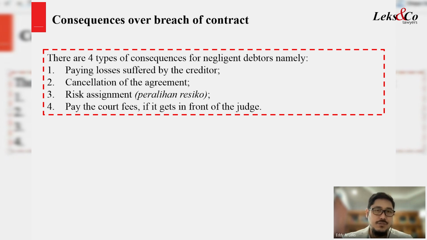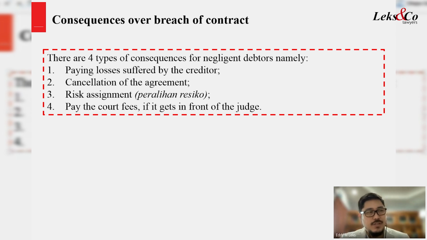If you are doing something in violation of the agreement, you might have to pay compensation. Paying losses suffered by the creditor, because when you violate the agreement, there will be losses to the creditor. So you have to compensate it.